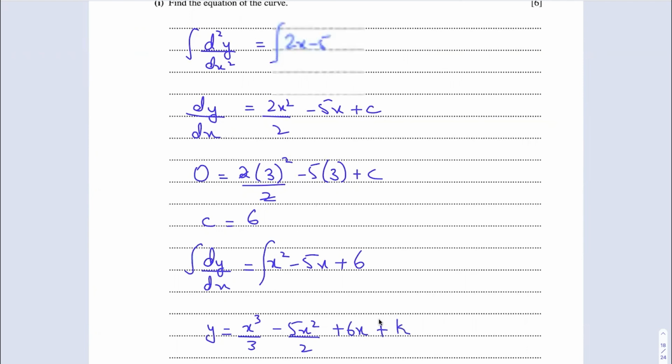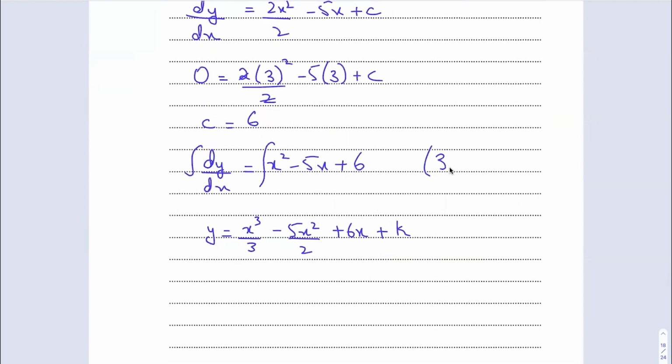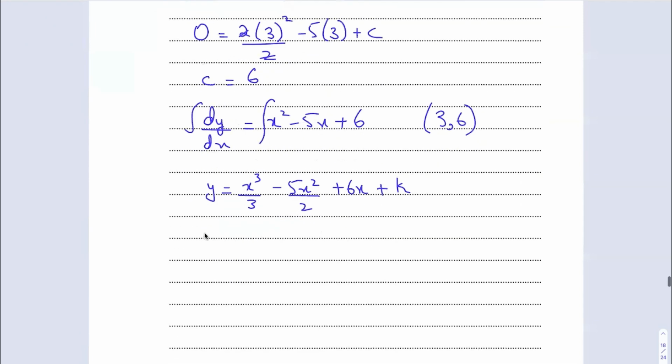Now to find the value of the constant, we have the coordinates (3, 6) that are on the curve. So substituting 6 in place of y and 3 in place of x, we'll be able to find the value of k. Simplifying this, we get k equals 6 minus 27 upon 3, which is 9, plus, this will go on that side, so this is 45 upon 2. 3 squared is 9, 9 times 5 is 45 upon 2, minus 18.